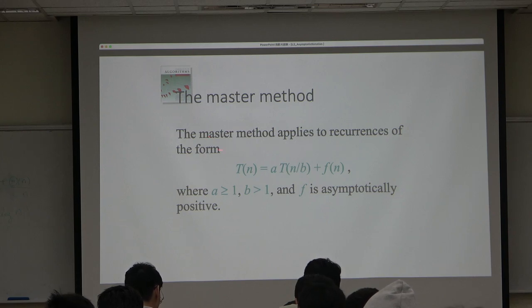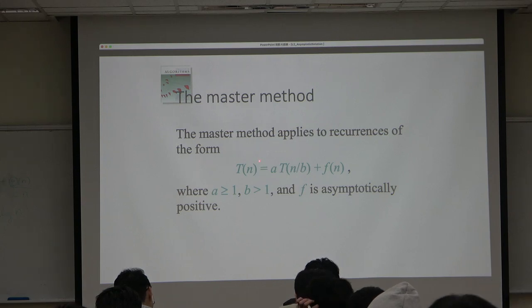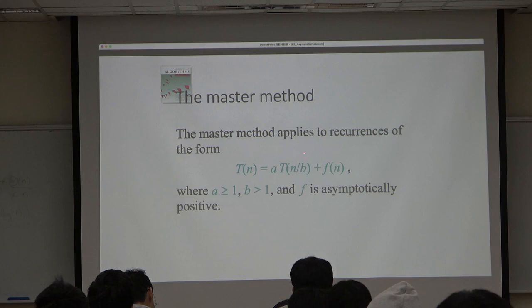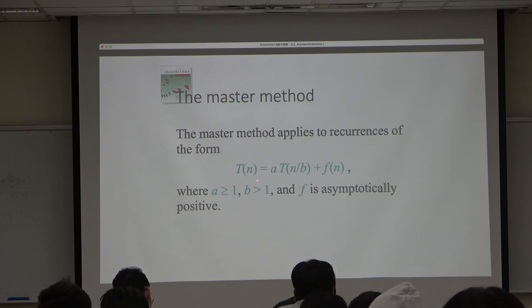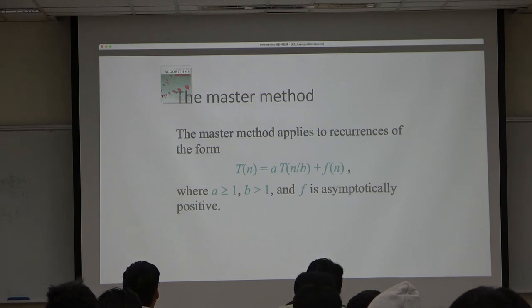So if your recurrence relation is like this, T(n) = a T(n/b) + f(n), where a ≥ 0, b > 1, and f is asymptotically positive.